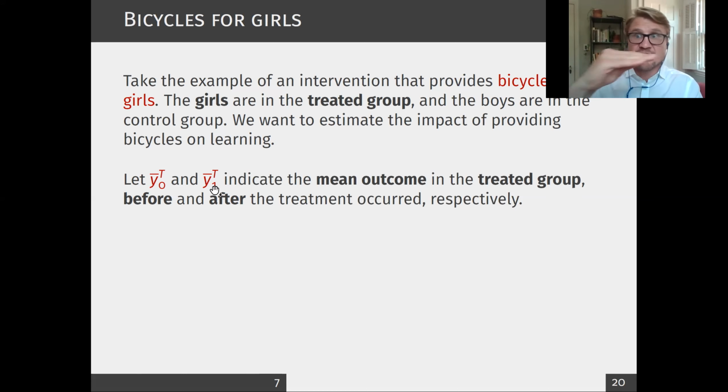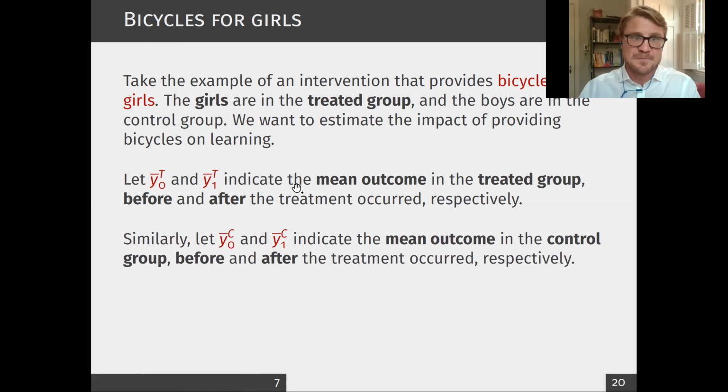A line over the Y just means it's the average. So this is the average outcome in the treated group, pre-intervention and post-intervention. In the pre-intervention period, the girls, the treated group, have not yet received bicycles, but in the post-intervention period, the girls had already received bicycles.